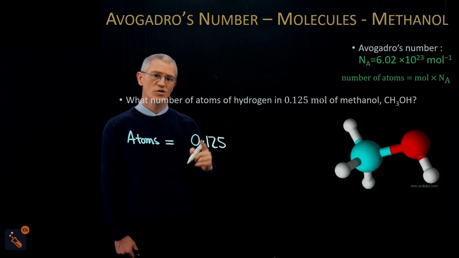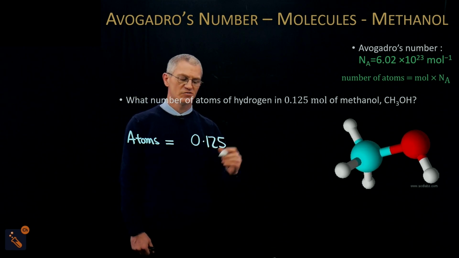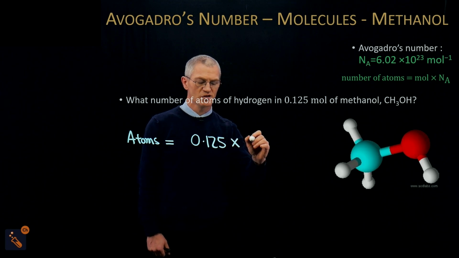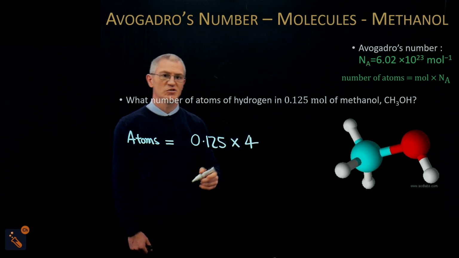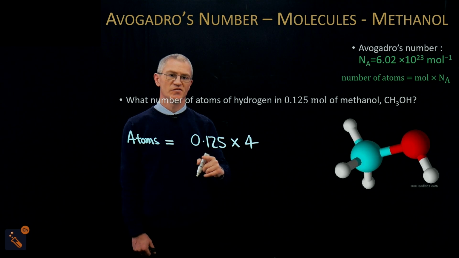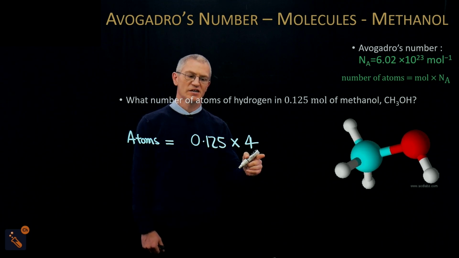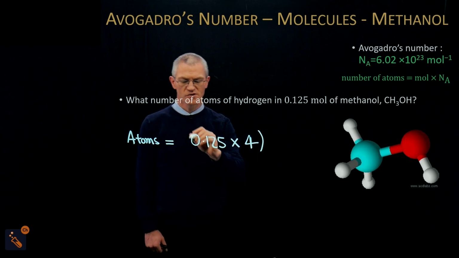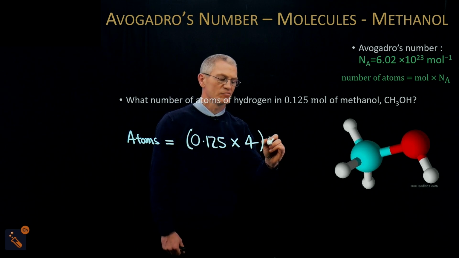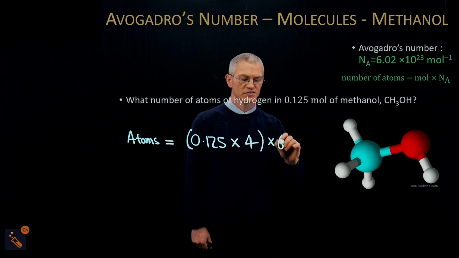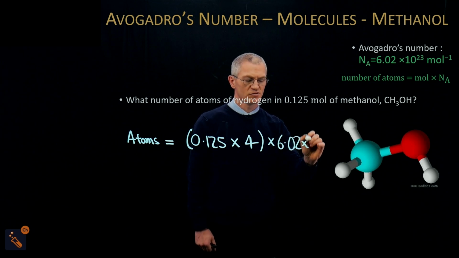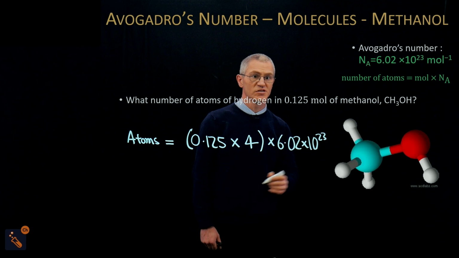We know in 1 mole we have 4 moles of hydrogen, so we can multiply by 4. So that means in 0.125 moles of methanol, we'll have 4 times that of hydrogen. We'll then take that and multiply it by 6.02 times 10 to the 23.